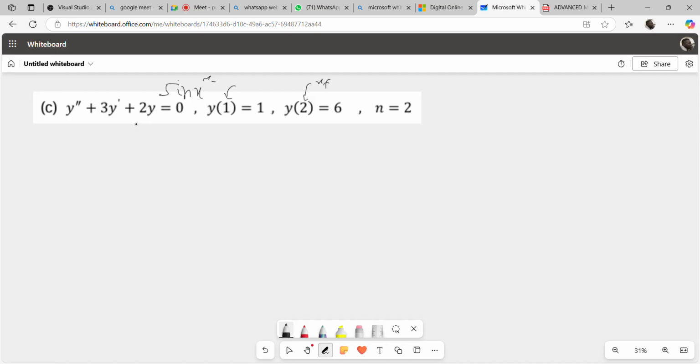Interior meshes. Basically, for each value of x, let's say you have x0, you have the value of y0. You have x final, you have the value of y final.